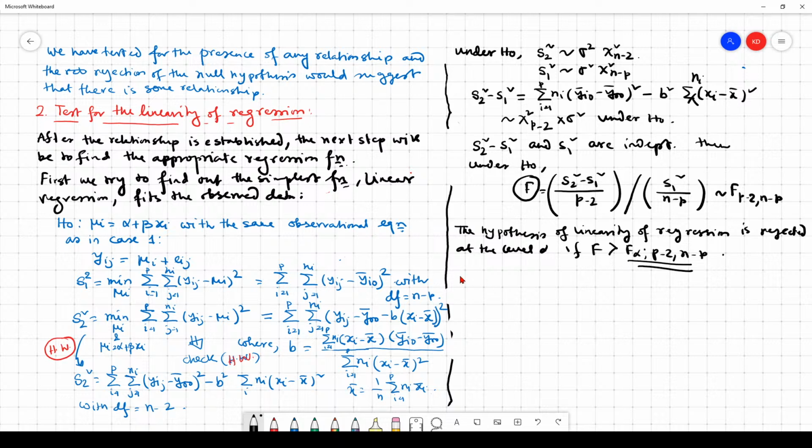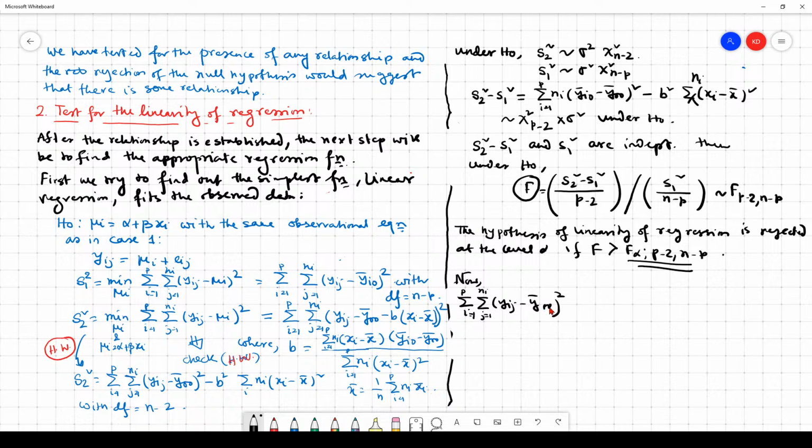Now, we can write the sum over i from 1 to p, j from 1 to ni, of yij minus y naught naught bar whole square, which is the total sum of squares.